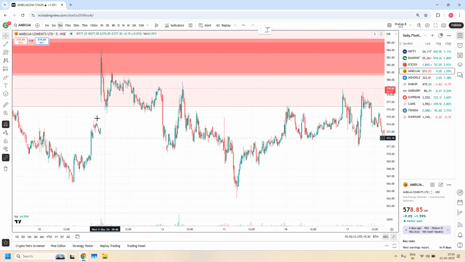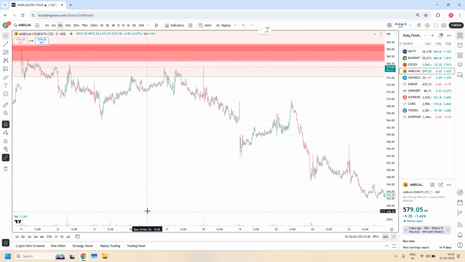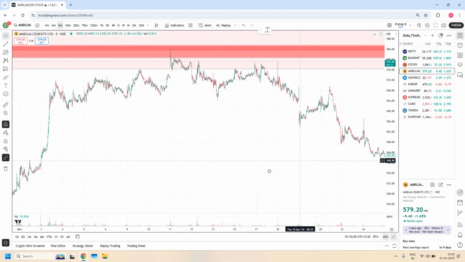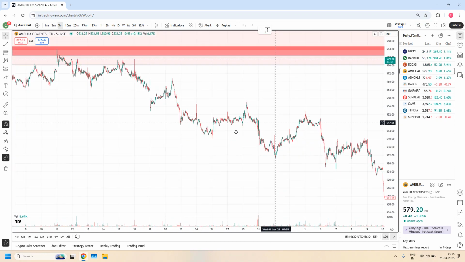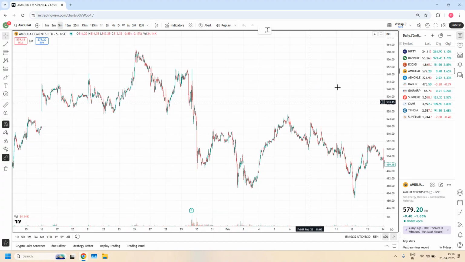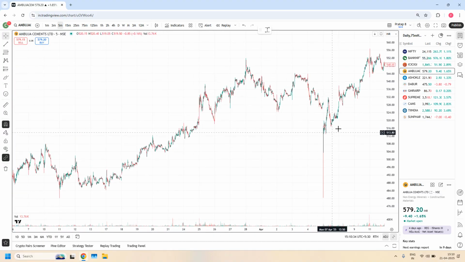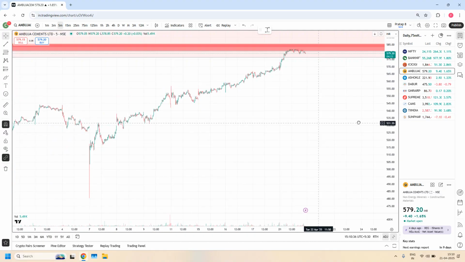See, from the origin again, on Wednesday, 11th December, prices again went sharply, and then from there it moved down, and again it gave you a big move. And today prices again came near to the origin, but we didn't get the trade opportunity.